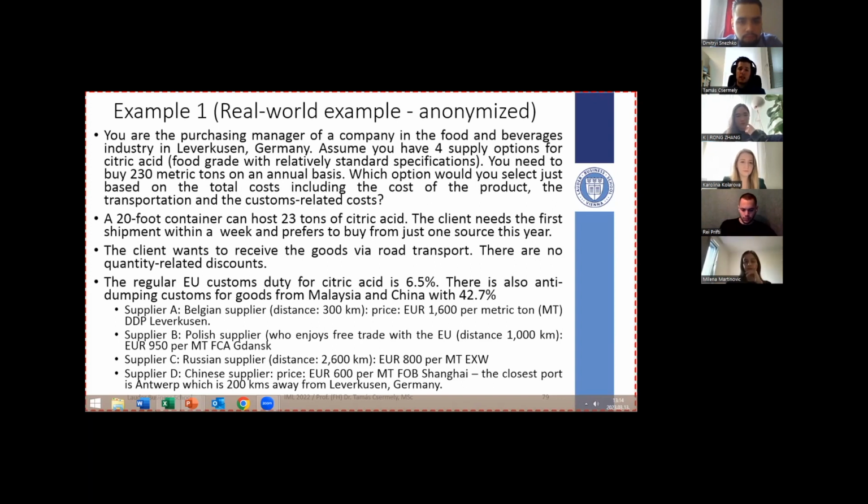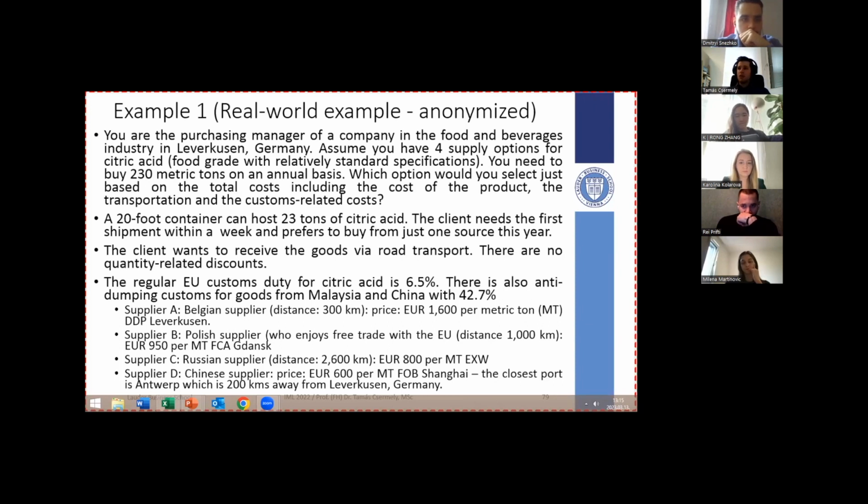If I allow you to enter the breakout rooms, you might not be able to see the slides. I'm not certain about that, but in all cases you can find the slides in Moodle. Your job is to calculate the final price in terms of delivered duty paid, so inclusive of duties, insurance, and so on, until our premises in Leverkusen from all these 4 supply options.